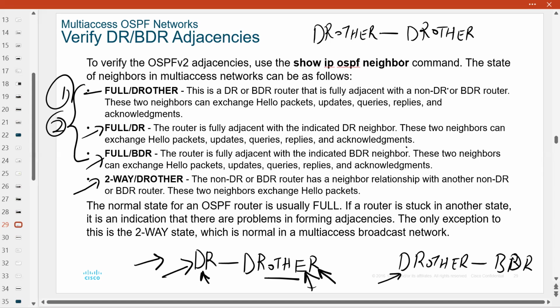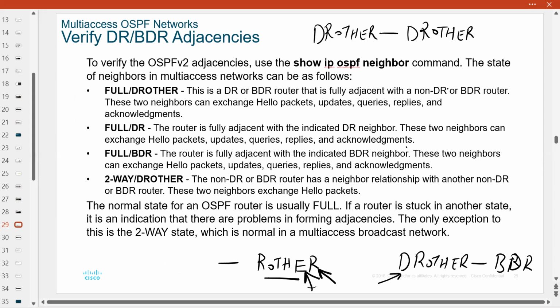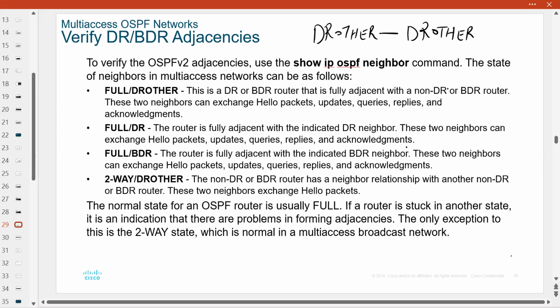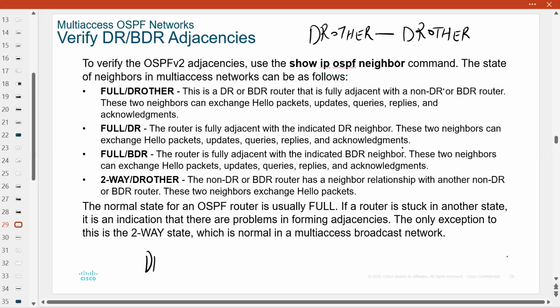Understanding what they are begins with understanding the roles: DR, BDR, and DR other. Now, if you have DR and DR other, so this is a router, it's a neighbor like this. If you go and show this, you get number 1.